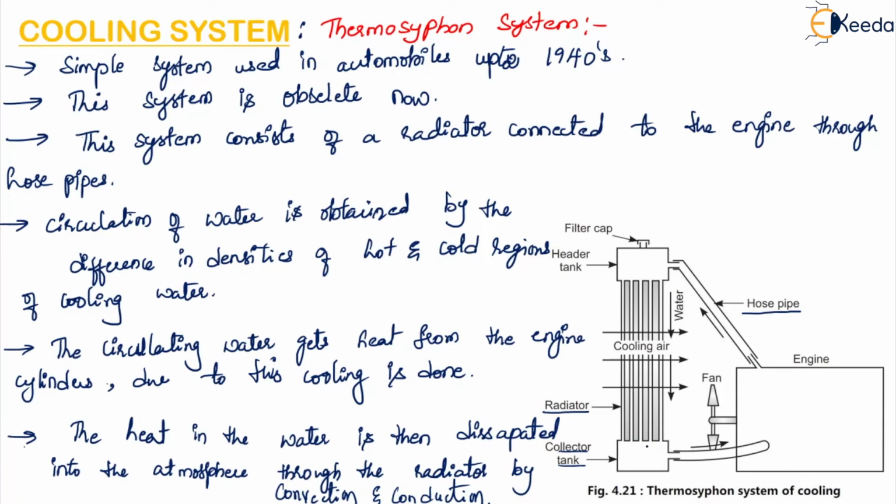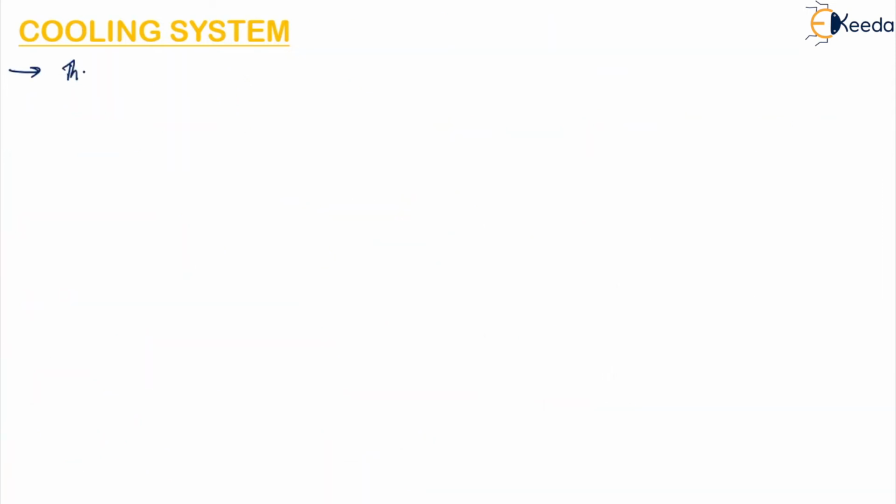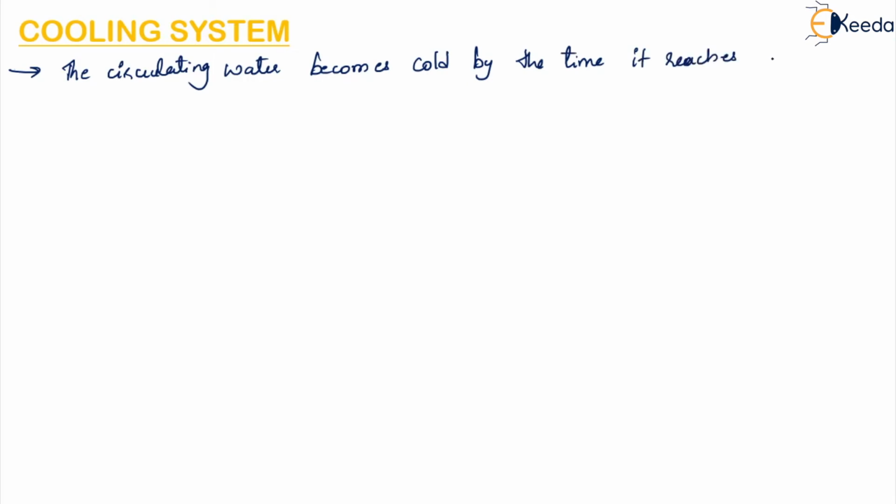When it reaches the collector tank, the water will become cool again. The same water collected in the collector tank is again circulated through the engine to collect the heat from the cylinder.